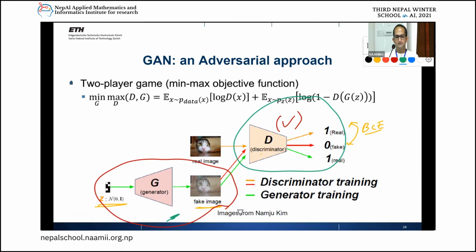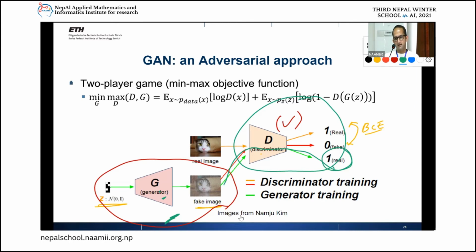So you go here and ask the generator to generate some image, such that this gets classified as real. You're training a generator to generate something that, when fed into the discriminator, gets classified as real, and hence it starts looking more and more realistic.